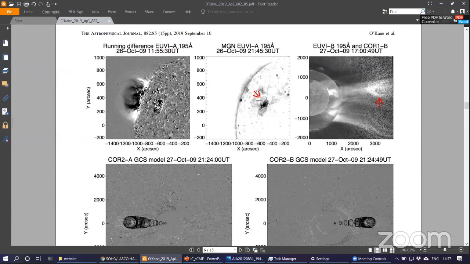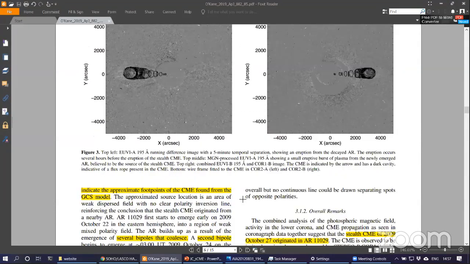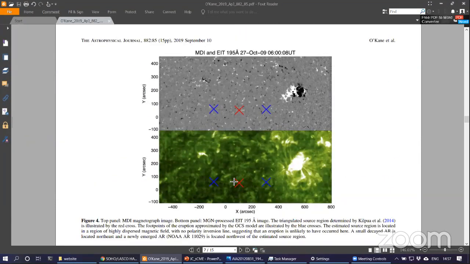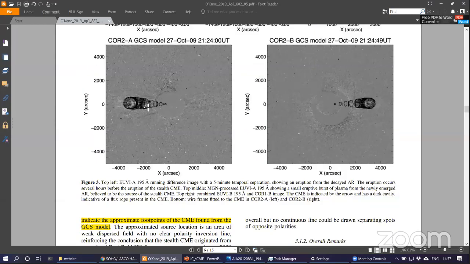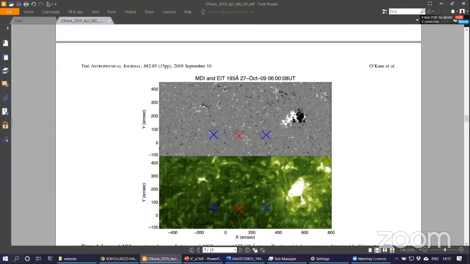Based on the MGN filtering and the foot points of the graduated cylindrical shell model, they try to locate the source on the magnetogram and the UV. Here the blue crosses represent the foot points from this GCS model after fitting the CME, and the red point is the location of the source region determined by a previous study for the same event.